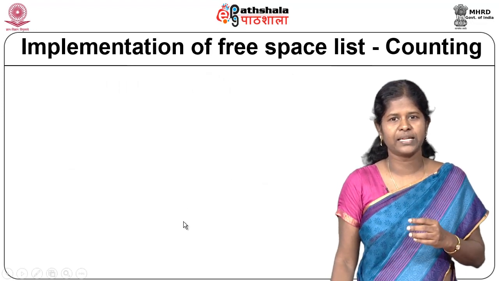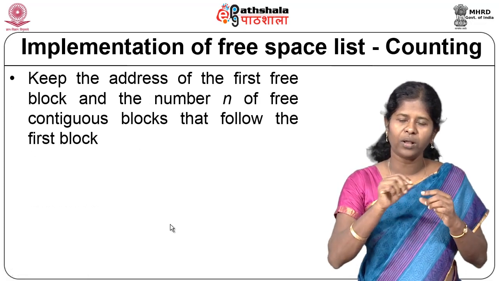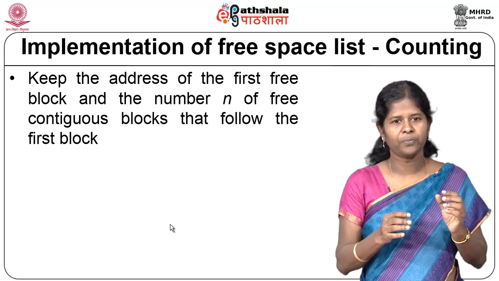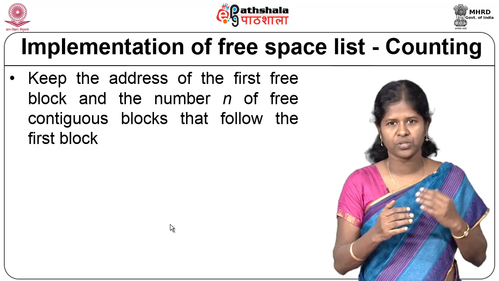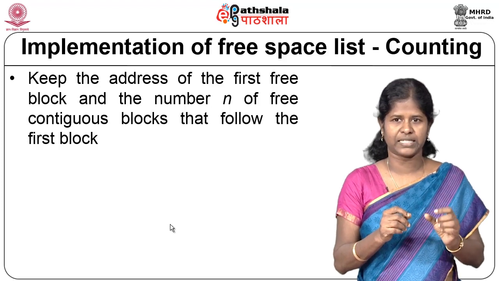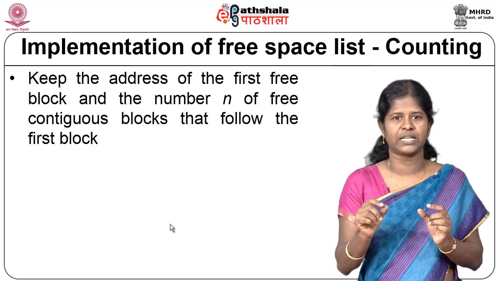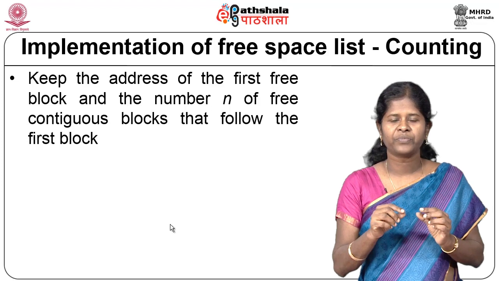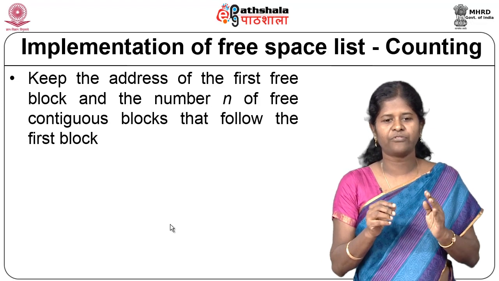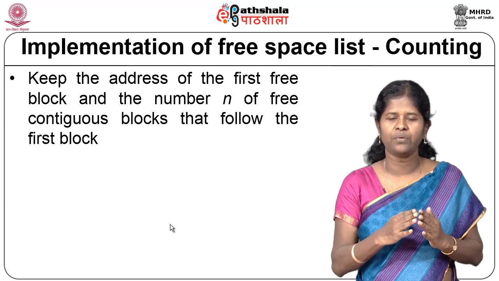The next method is counting. Say you have 5 contiguous free disk blocks. In the previous method you would put down all the free disk block numbers one after the other in the index block. Rather than putting contiguous disk block numbers into the free disk block, you can keep the address of the first disk block and say how many contiguous blocks are free after it. Say disk block number 5 through 10 are free, you can say that from 5, 6 blocks are free.